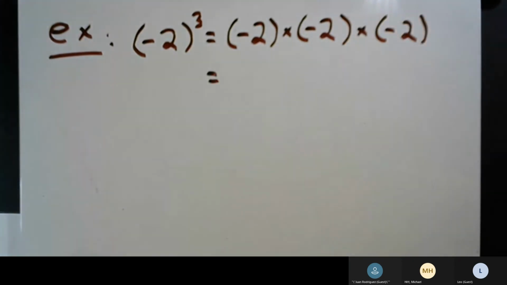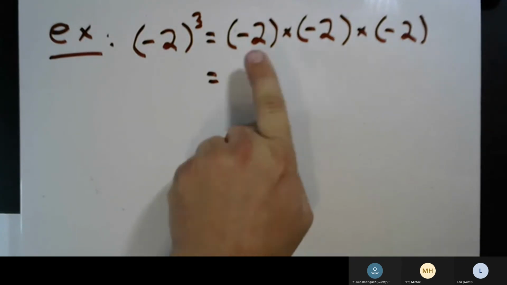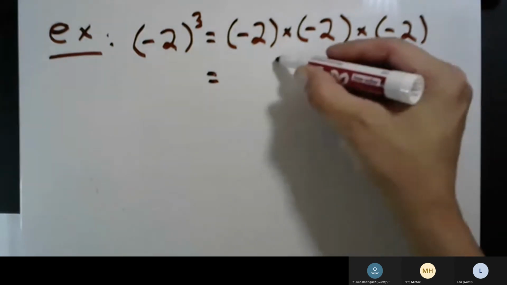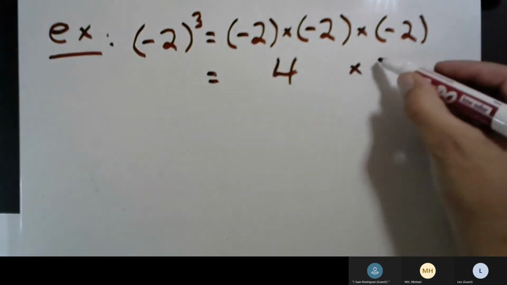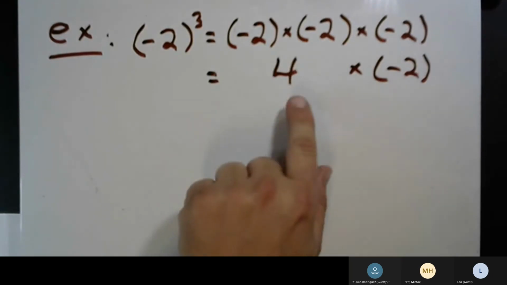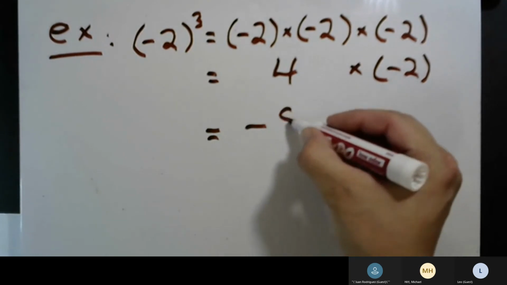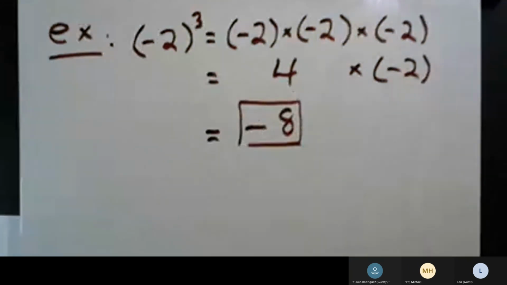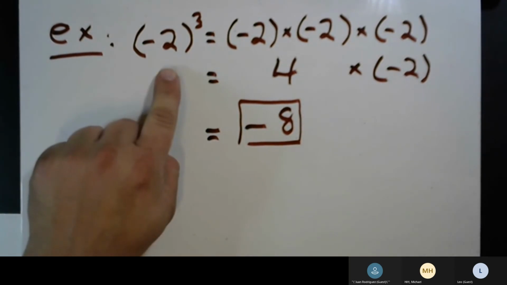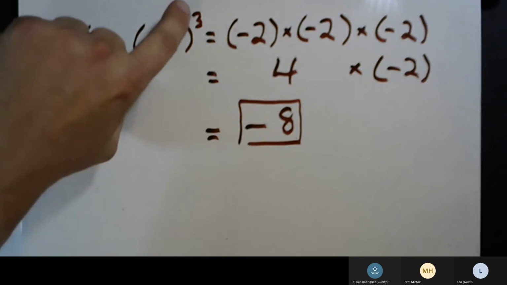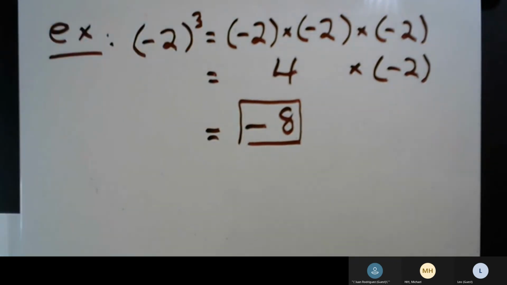And we could follow order of operations. -2 times -2, well, when the signs are the same, you're going to get a positive. So this will be 4 times -2. And now the signs are different, and that's going to give you a negative answer. So this one we're going to keep in mind off to the side. -2, the exponent is an odd number, and it gave us a negative answer. Any questions about that?